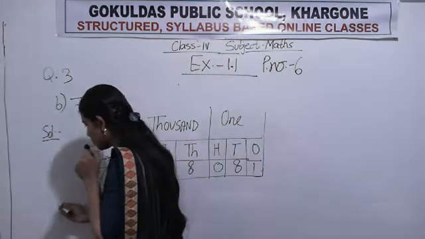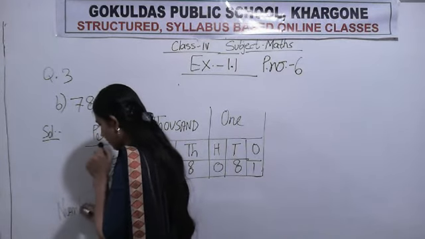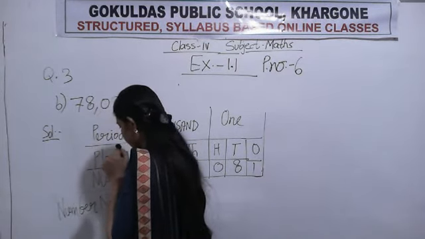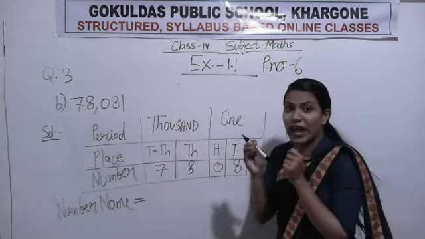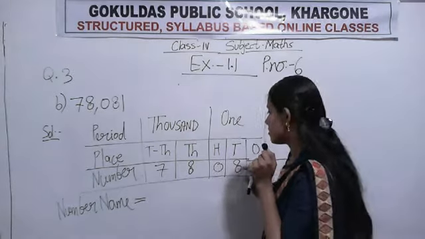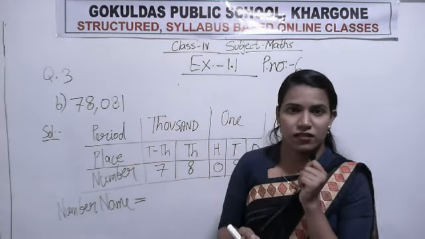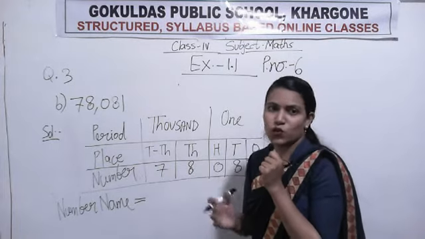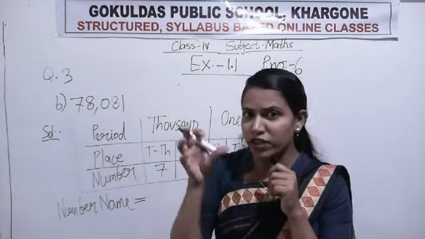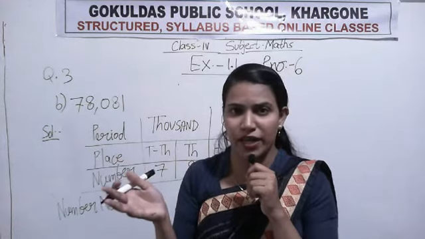Your task is to write the number name. Writing the number name means you have to write this number in words. So I have given you the table of the number names, number and its number name.